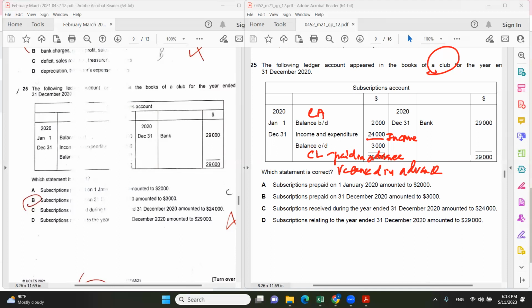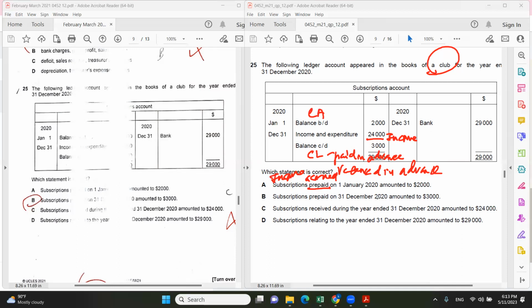So which statement is correct? Subscription prepaid on 1st Jan, this is subscription not prepaid. Prepaid means it's a liability, but this is an asset. That means accrued. This is an income account. Income accrued is an asset.